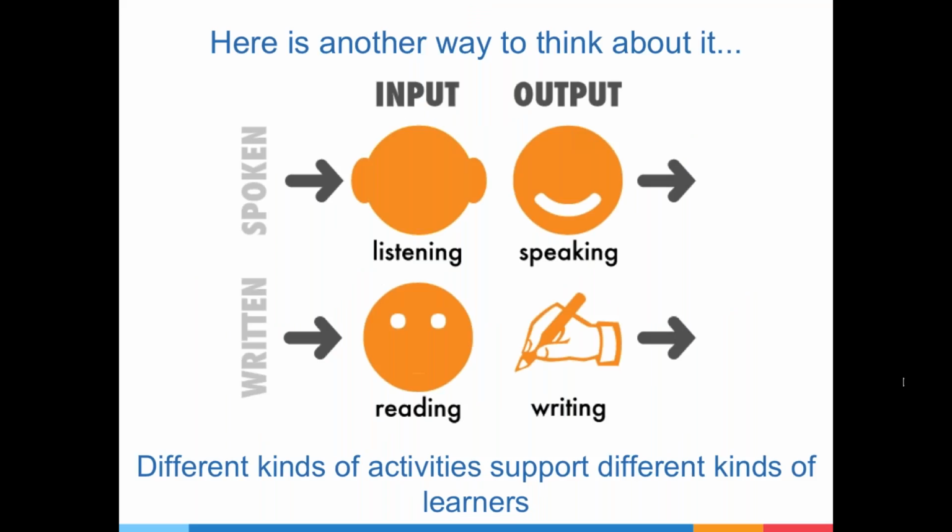So here's another way to think about this. Really, input and output. Listening creates speaking. Reading can create writing. But remember, this can go all different ways. So these activities should move around. As teachers, we should not just do teacher-fronted activities where the teacher stands in front of the class.